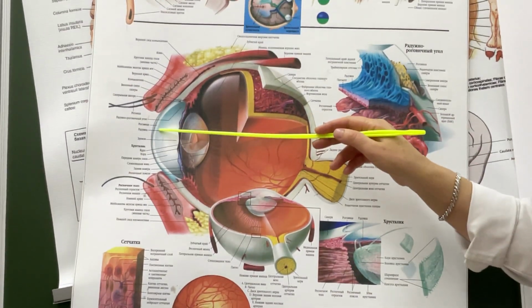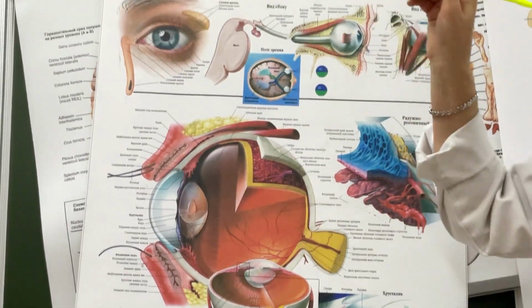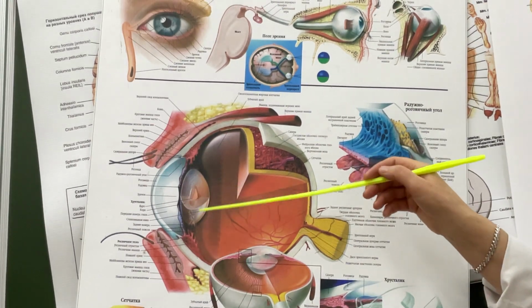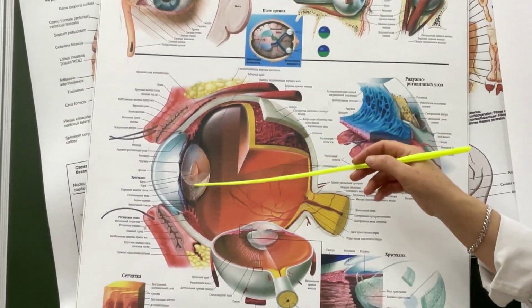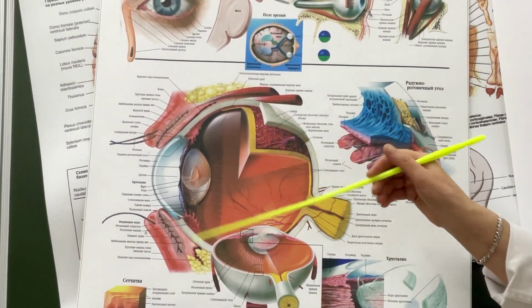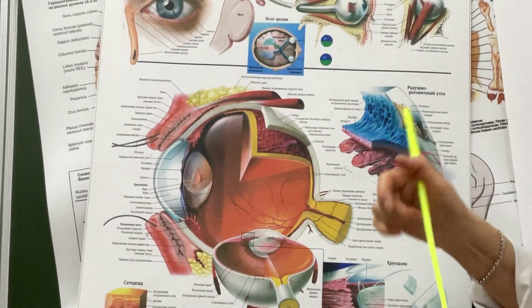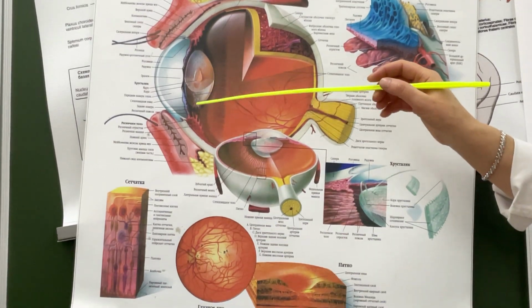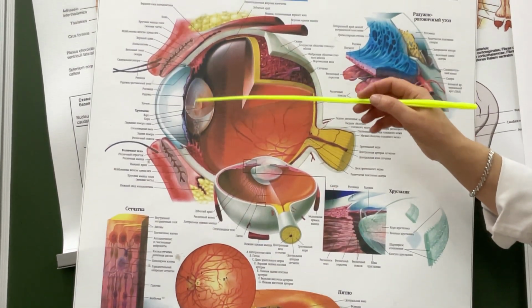So the cornea does this refraction. Then the second by strength will be the lens, especially when it is curved, when the ciliary muscle is contracted.